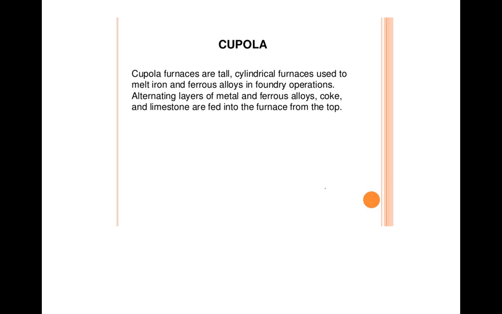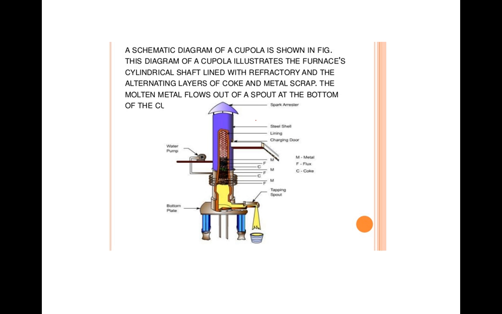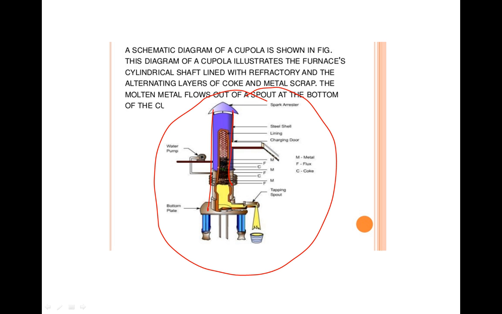The cupola furnace is also there. The cupola furnace is cylindrical in shape and is used to melt iron and ferrous alloys in foundry operation. This is the block diagram of the cupola furnace. It is cylindrical in nature. The inner lining is refractory brick lining, which will sustain the high temperature.